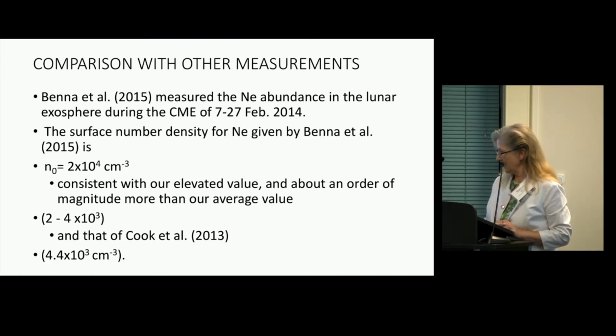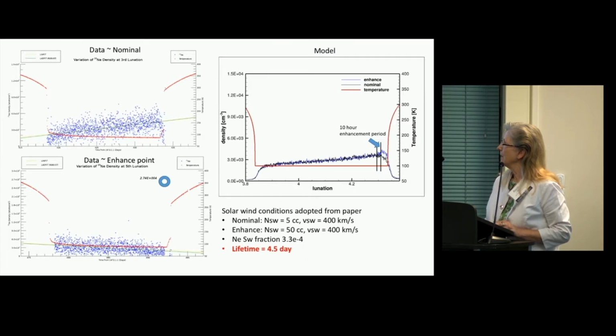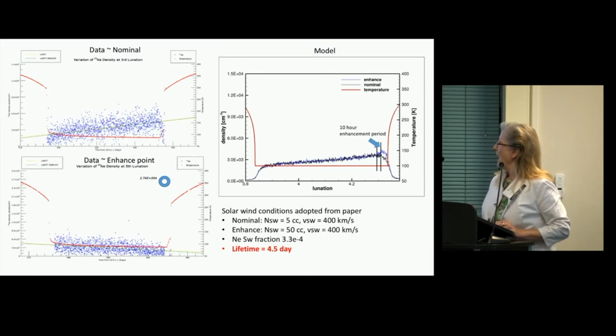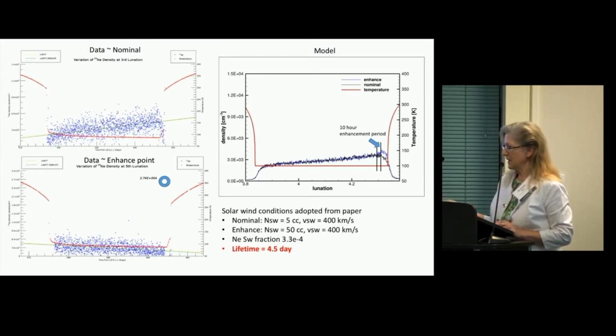So we tried to model the increase based on the measurements we have of the solar wind. Instead of getting an increase of a factor of 10, as you can see here, this is the model, and it was done by O.J. Tucker. We have a 30% increase instead of a factor of 10.